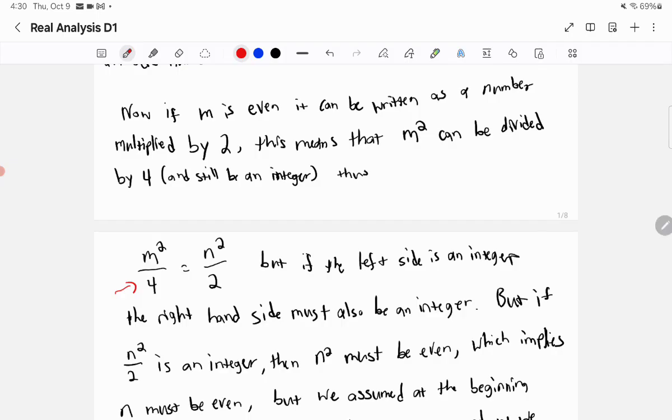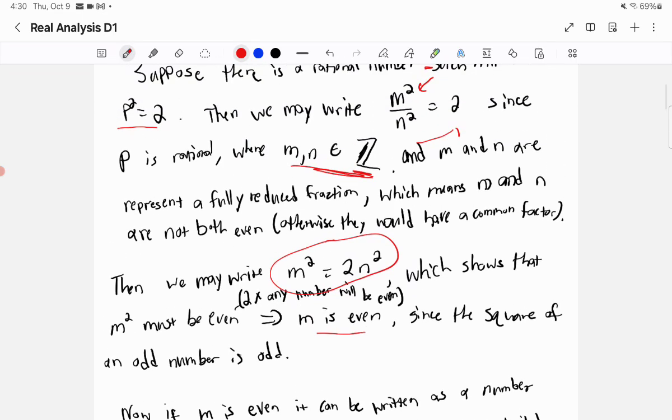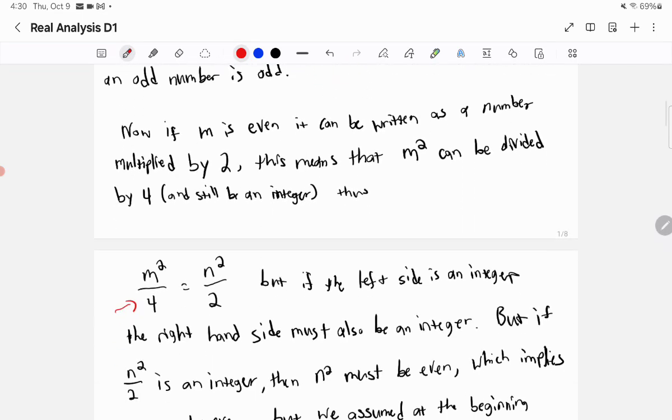m squared divided by 4 has to be an integer because we know it's divisible by 4: if m was even, it has a factor of 2 in it, and squaring it, it must have a factor of 4 in it. And if we divide by 4 on the other side, remember we had 2n squared here, so dividing by 4 gives me n squared over 2.